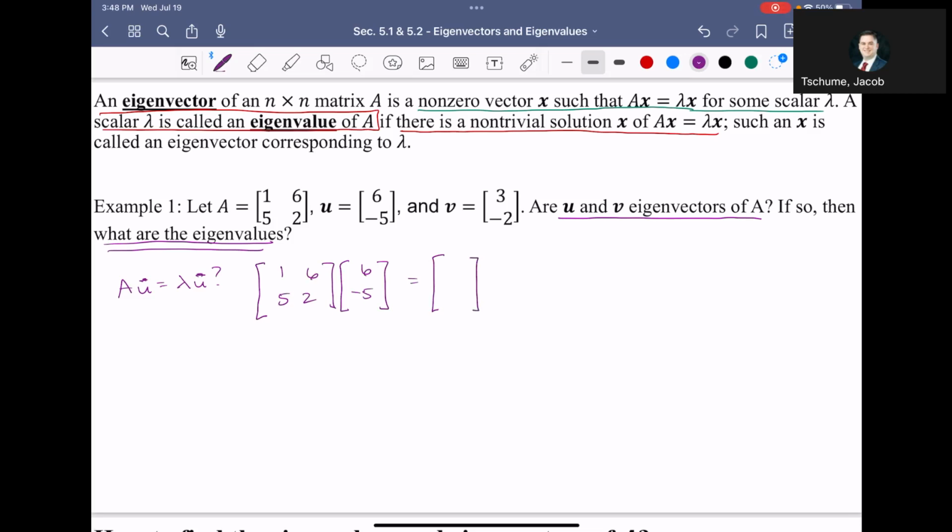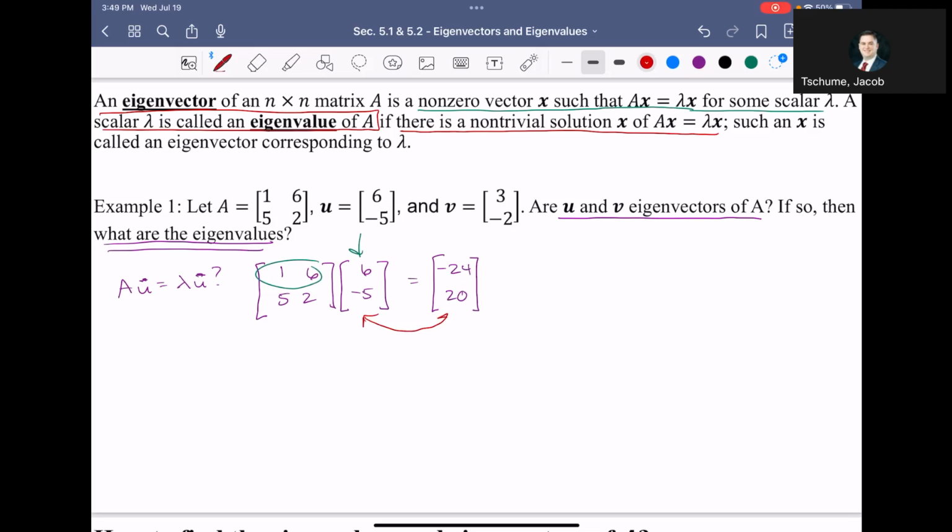I'm going to take the first row of matrix A and multiply it by the column. So (1, 6) times (6, -5) would be 6 minus 30, which is -24. And then if I take the row (5, 2) and multiply it by (6, -5), you'll get 30 minus 10, which is 20. And what you're looking for here is, are these two vectors now multiples of each other? And that will answer your first question.